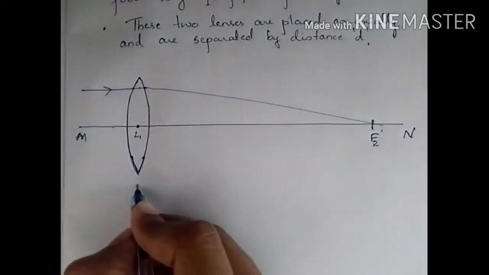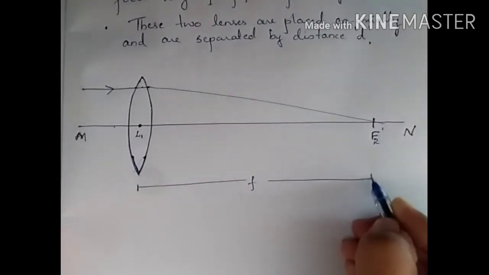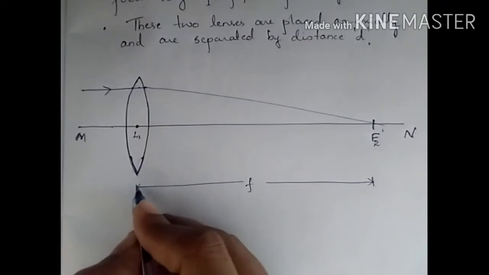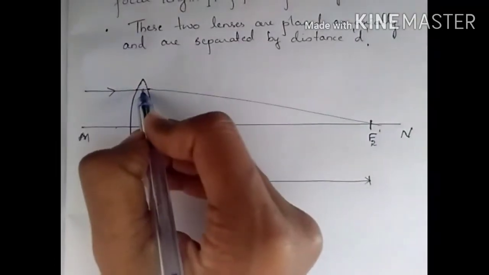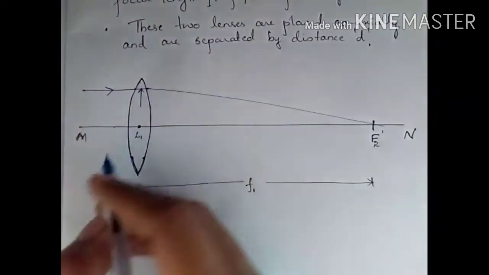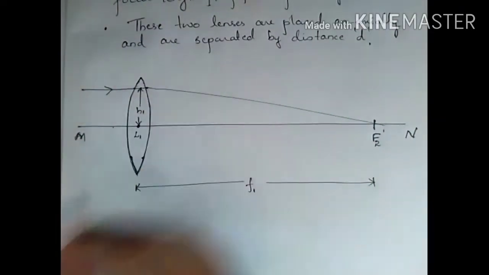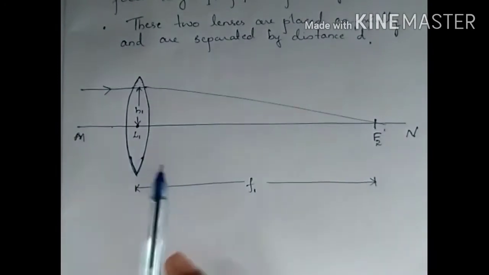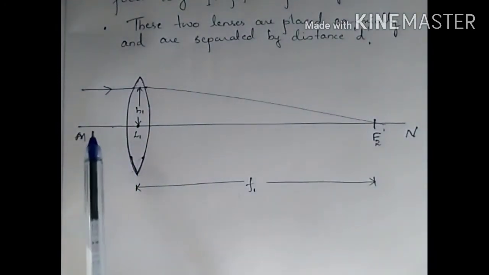This distance from here to here is the focal length of lens L1. So let this be F1. Now if you measure the height of this ray, that will be H1. This is for the single lens which is kept on the principal axis.